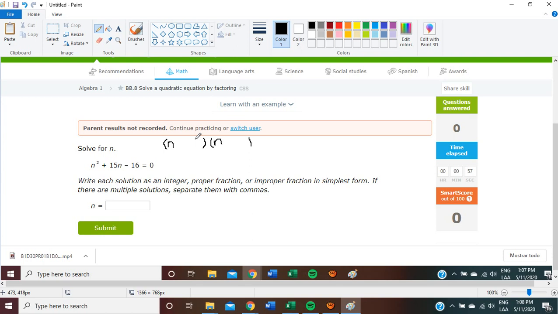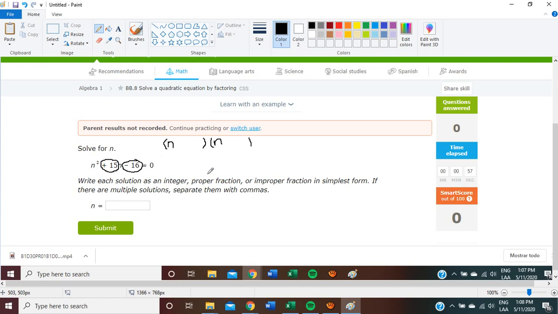We need to find two numbers that when you add them they give you 15, and the same two numbers, when you multiply them, have to give you negative 16.